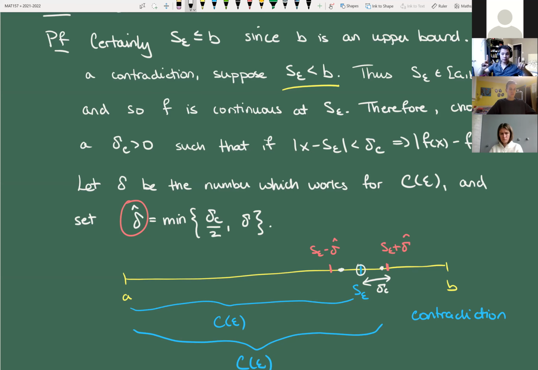So if I chose any 2 points in the delta C band, they could actually be really far apart, relatively speaking. So by using delta C over 2, I can guarantee that any 2 points are within delta C of each other. Yeah. Does that make sense, Jay? Like why I'm using that?